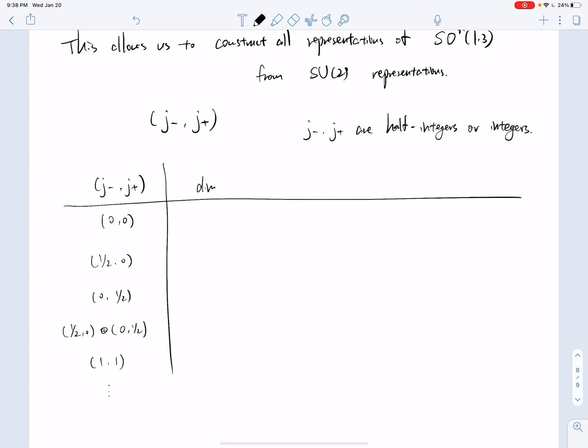Let's look at the dimension of these representations. 0, 0 of course is one dimension. The type is a scalar. One dimension, it's a scalar. For 1/2, 0, it becomes two dimensions. Similar for 0, 1/2. So these are called left-handed spinors or right-handed spinors.